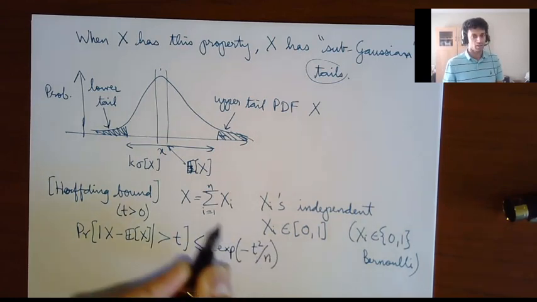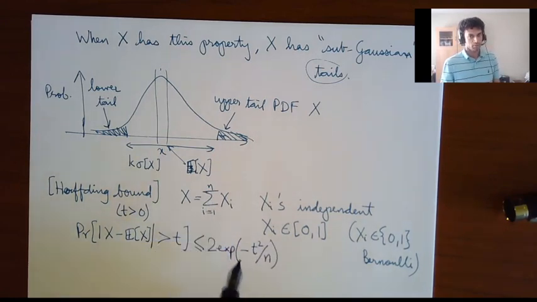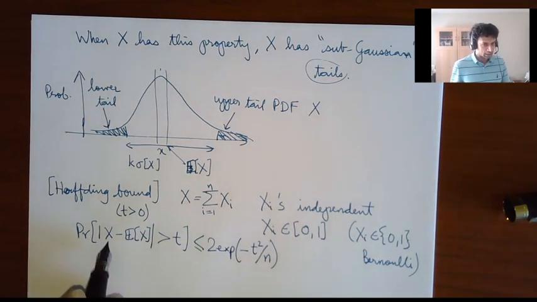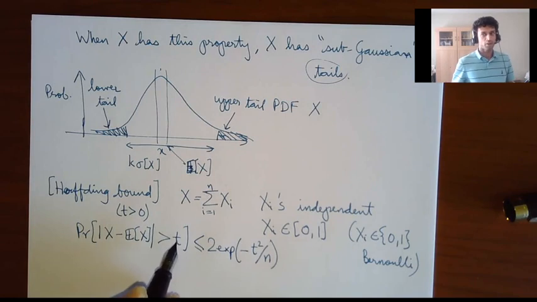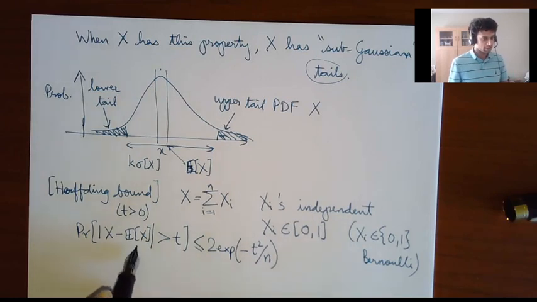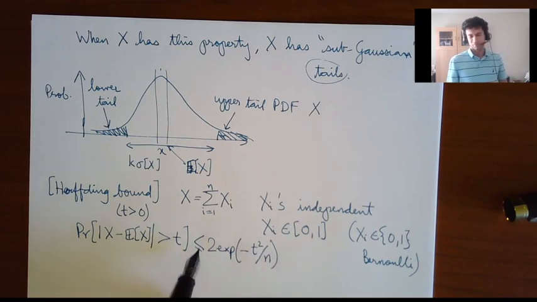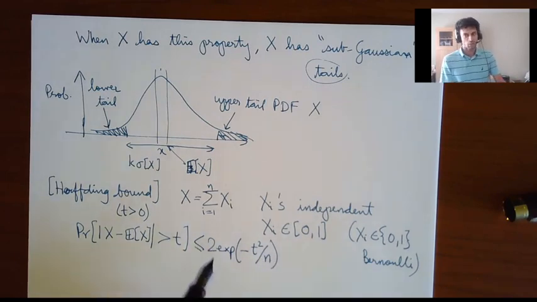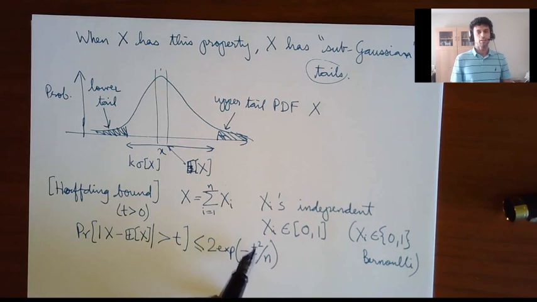So n is the number of random variables, and this is the Hoeffding bound. So t is just some absolute number. You're just saying what is the probability of deviating from the expectation by t, and that's at most e to the minus t squared divided by n. So there's a 2 here, but ignore this constant.